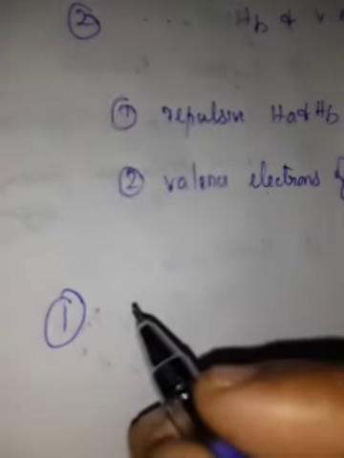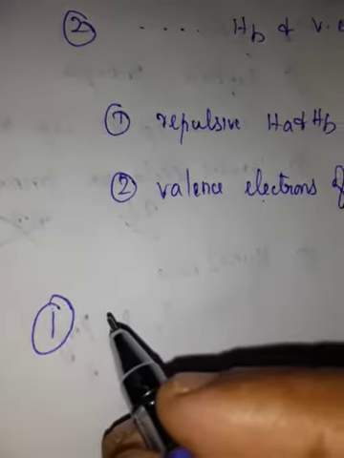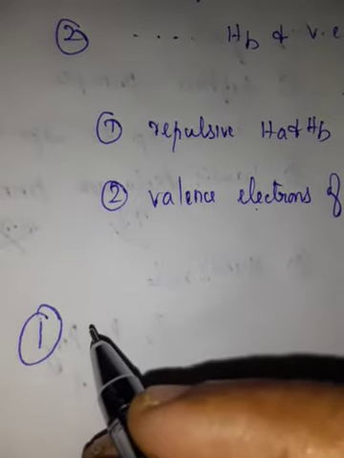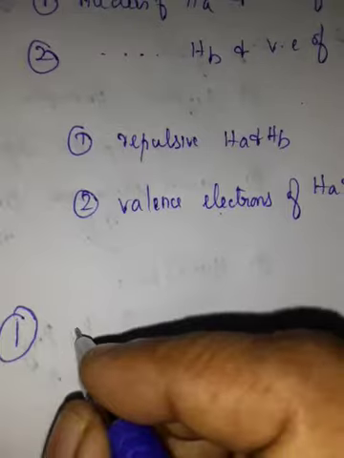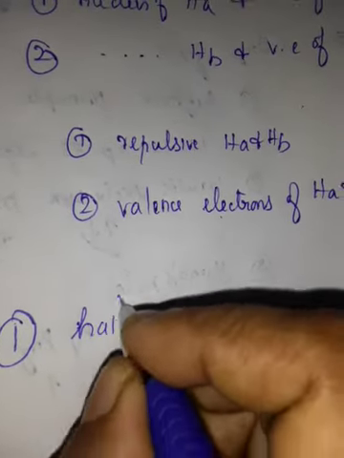Number 1, half-filled orbitals should be there for overlap. When the half-filled orbitals overlap, a covalent bond is formed.